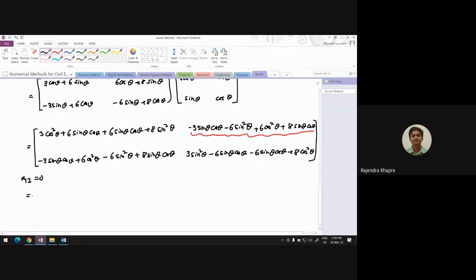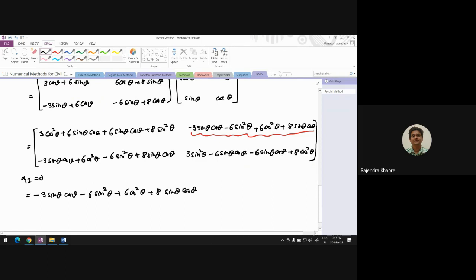Your a12 is basically minus 3 times sine theta cos theta minus 6 times sine square theta plus 6 times cos square theta plus 8 times sine theta cos theta.